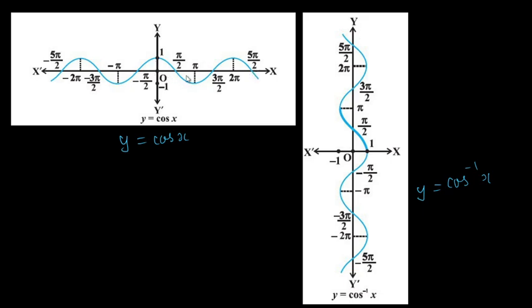This graph represents y is equal to cos x, and where it is symmetric about the y-axis, that represents y is equal to cos inverse of x. In both cases the interval of this graph on the y-axis is minus 1 to 1, and for y is equal to cos inverse of x it is minus 1 to plus 1 along the x-axis.